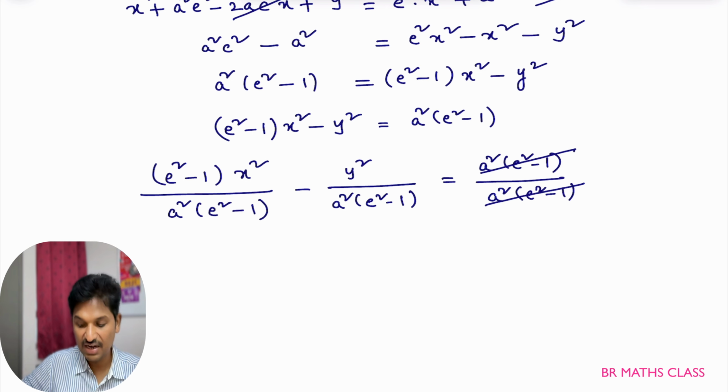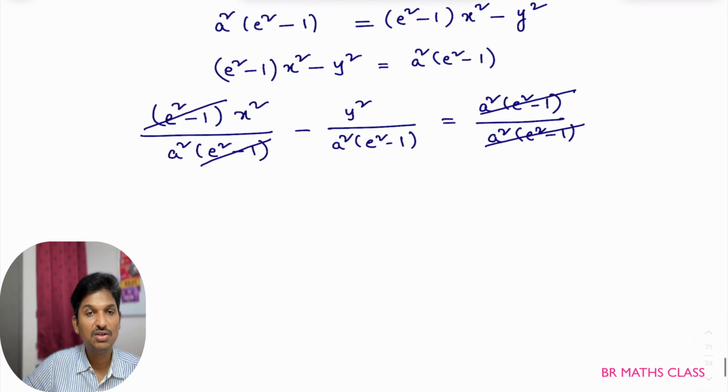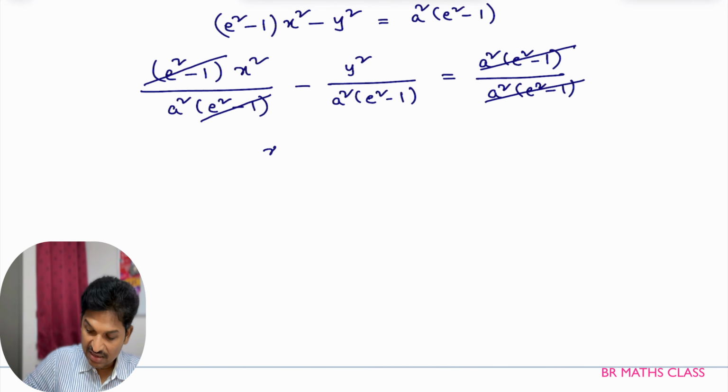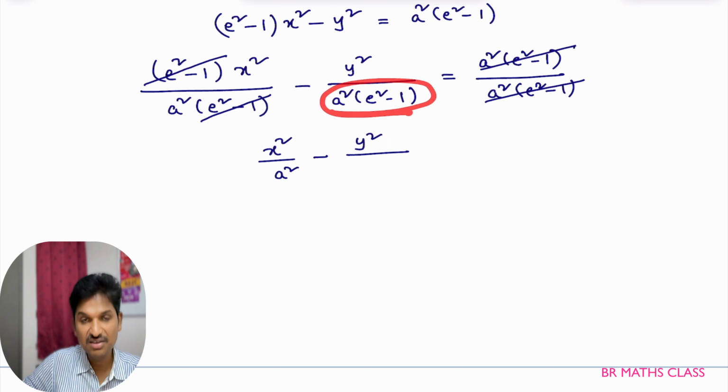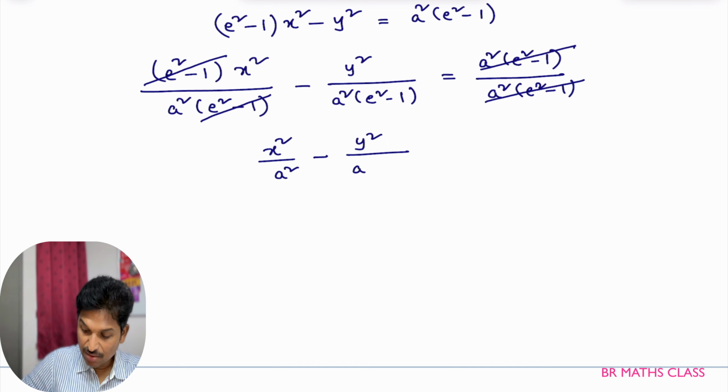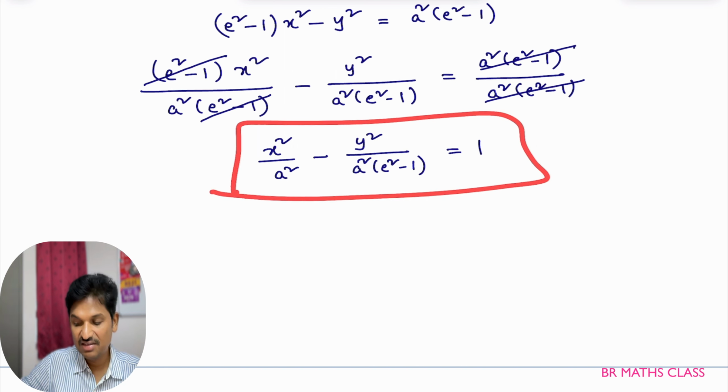See, this a square will get cancelled, this e square minus 1 will get cancelled. What you will get? You will get x square divided by a square minus y square divided by a square into e square minus 1 equal to 1. Actually, this is the equation of hyperbola in standard form.